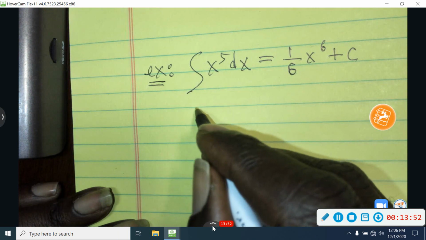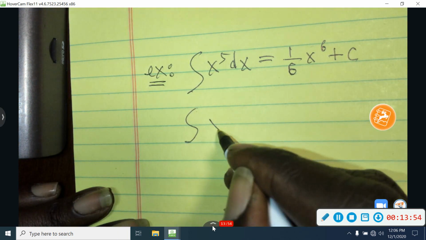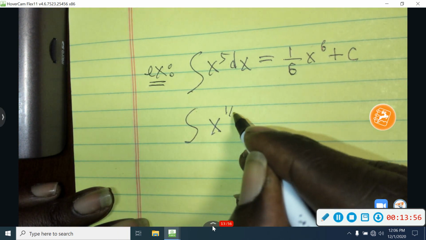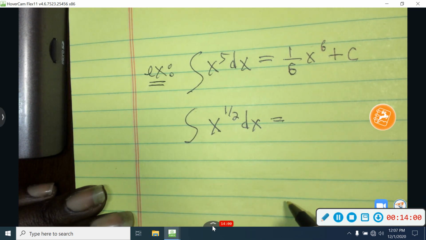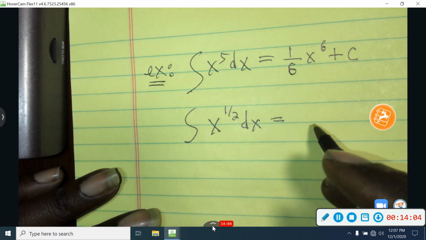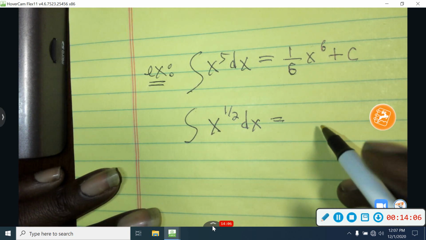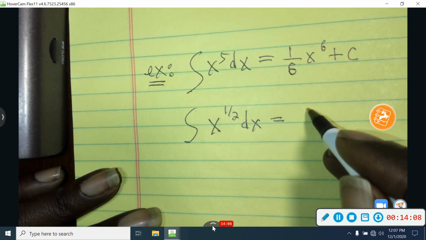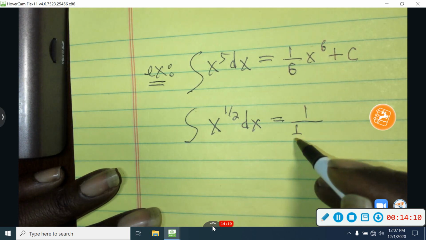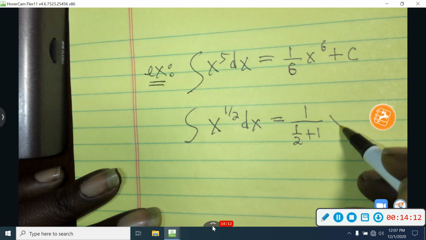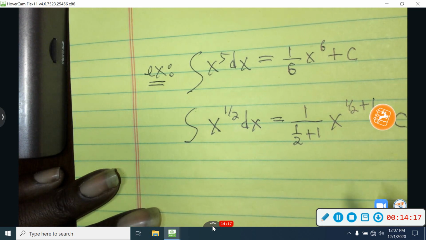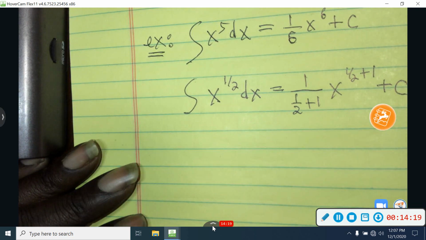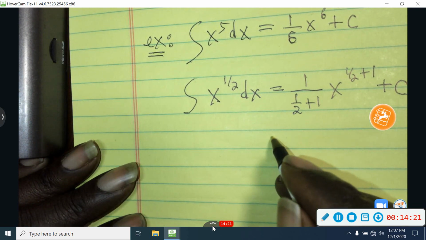Let's do another one. How about the indefinite integral of x to the 1/2? Well, I could do that. Add 1 to 1/2, you get 3/2. Let's do it slow. So you divide by 1 plus 1/2, and you add 1 to the power, and add an arbitrary constant, like this. Okay?